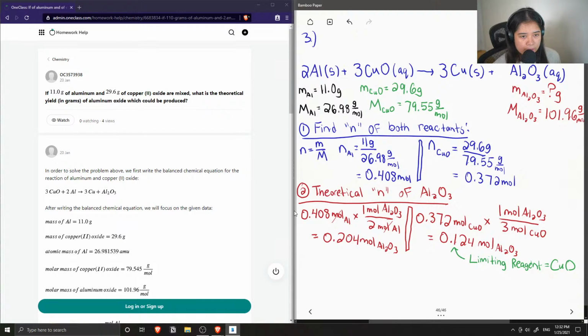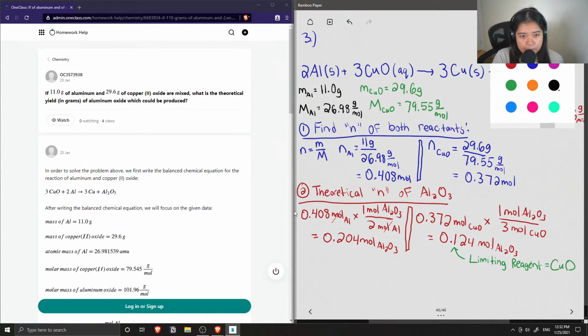And we also know that this is the maximum amount of product we could form from this reaction. Because once the copper 2 oxide runs out, then we're not going to form any more product.